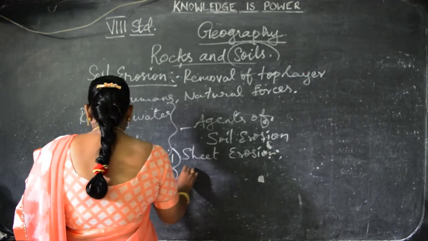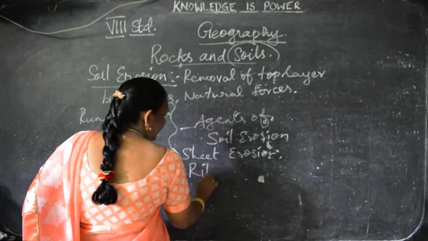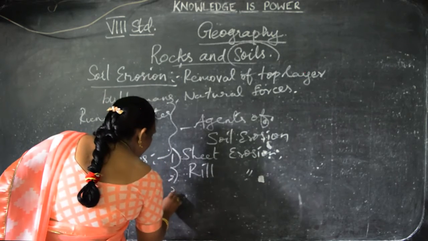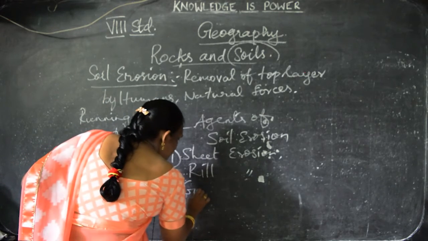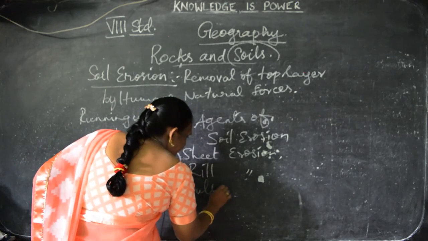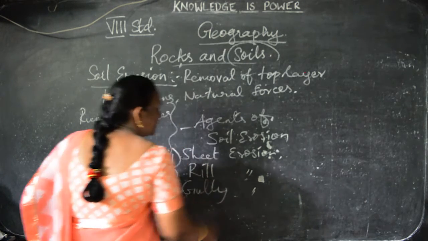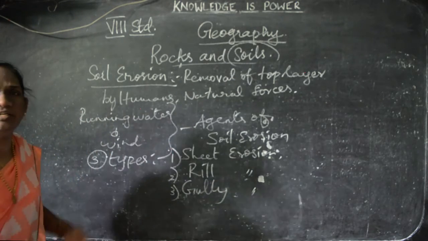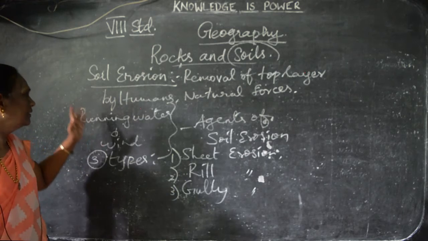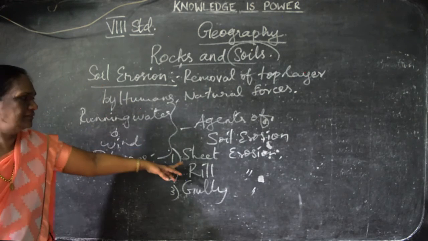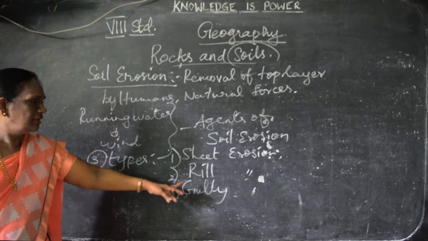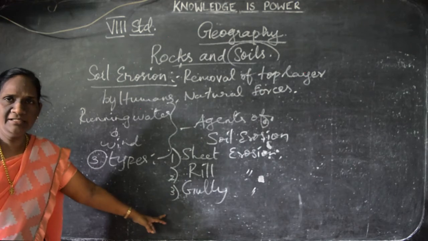Second one is rill erosion, R-I-L-L, rill erosion, and the third one is gully erosion. So, these are the 3 types of soil erosion. What are the 3 types of soil erosion, children? I told you, 3 types: sheet erosion, rill erosion and gully erosion.